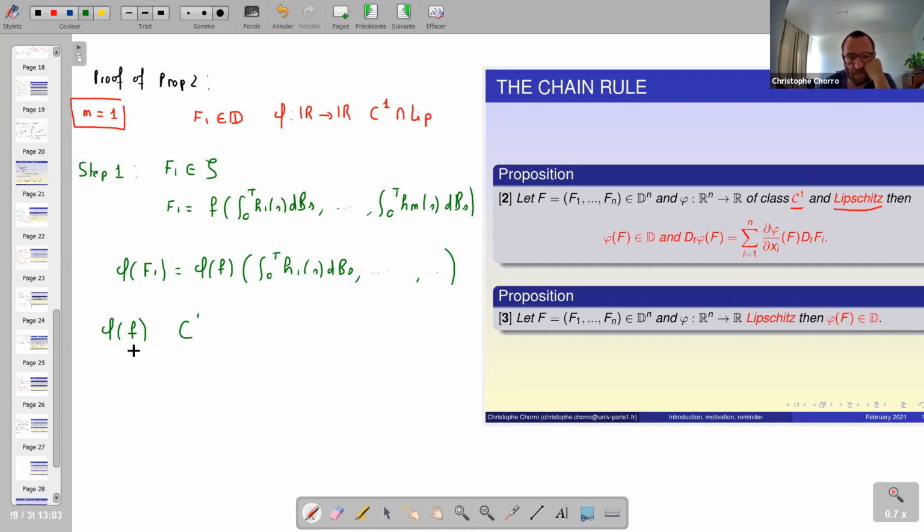And what is more, I know that f and its derivative have polynomial growth. And the same holds for phi, because keep in mind that phi is Lipschitz.